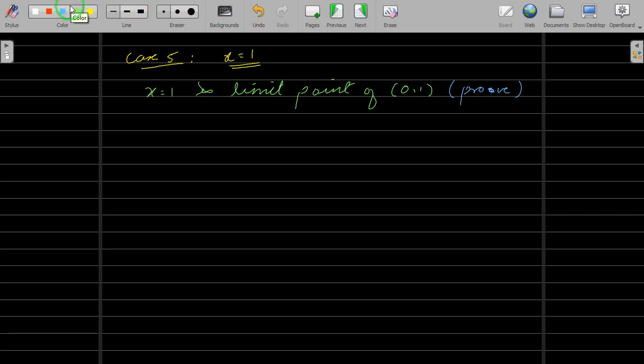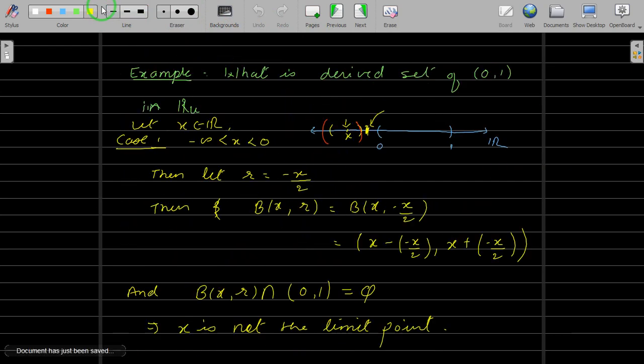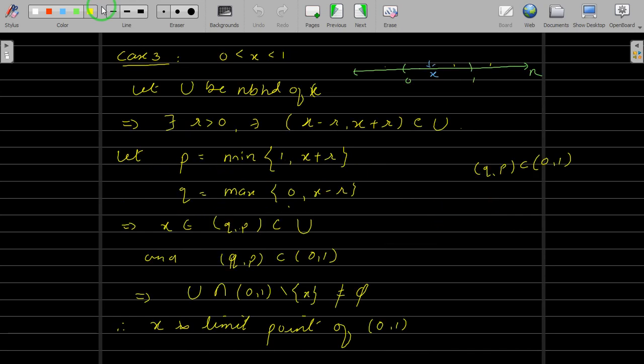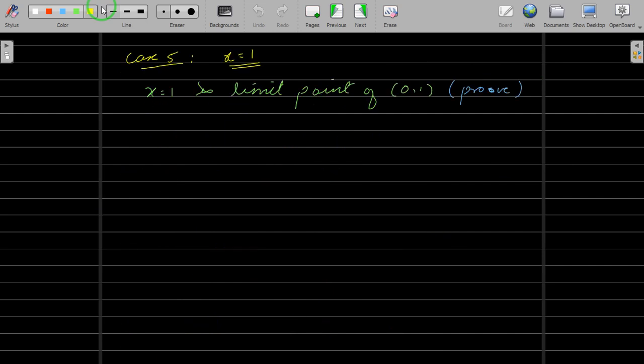So if you see the cases now, we have exhausted the whole of R. Case 1 we took negative numbers, case 2 all those greater than 1, case 3 in between 0 and 1, case 4 we took 0, and case 5 we took 1, and then we found the different things.